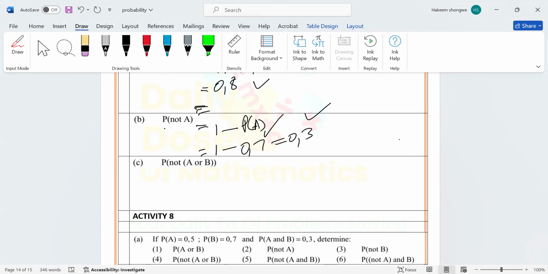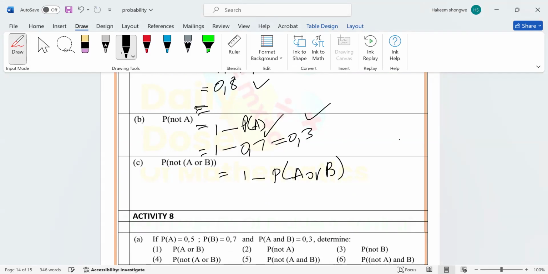So in other words, we're going to tell them this is going to be given as 1 minus the probability of A or B. Have you already got the probability of A or B? Yes. We got it on top. What did you get it as? 0.8. So the probability of not A or B is going to be given as 1 minus 0.8.